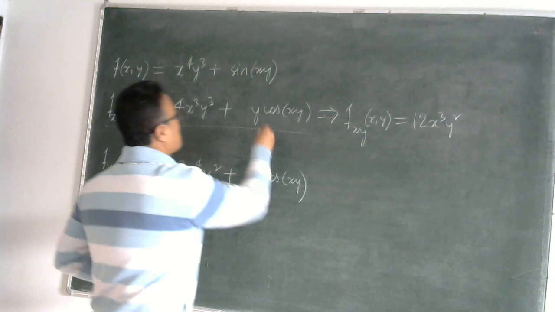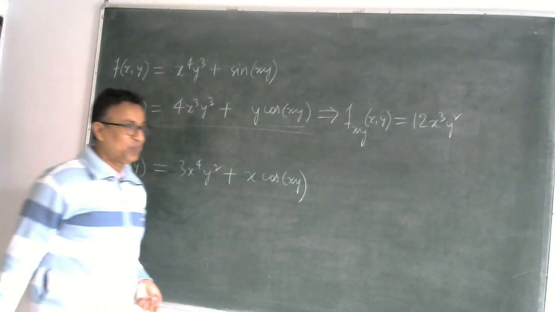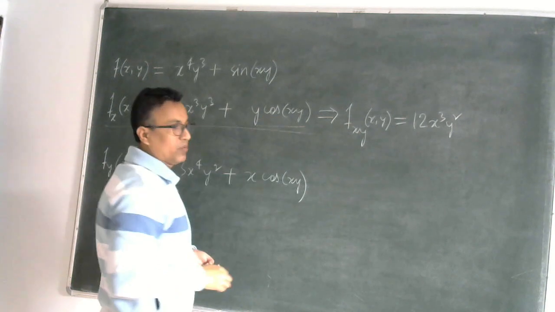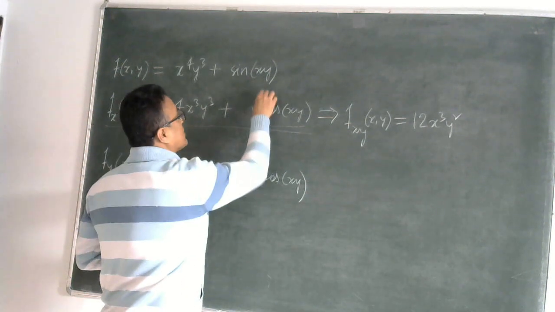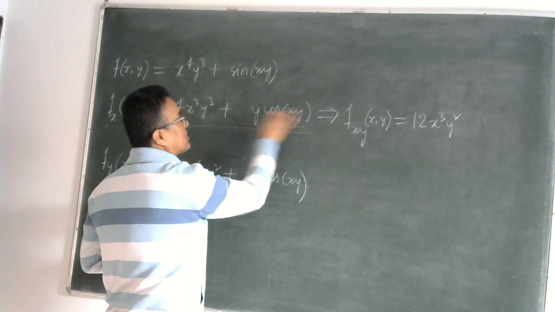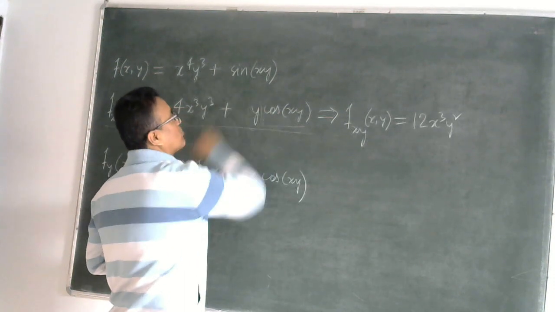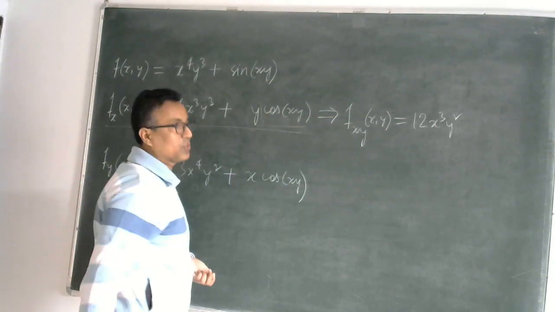Now I made the mistake in this function. Because I am differentiating with respect to y, you can see that this is a product of two functions: one is y, and the other one is cos of xy.